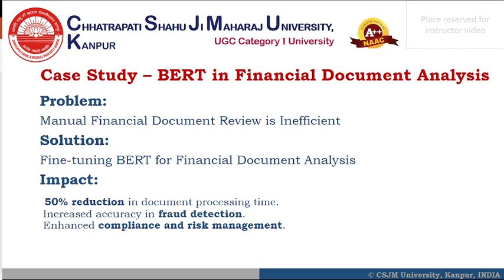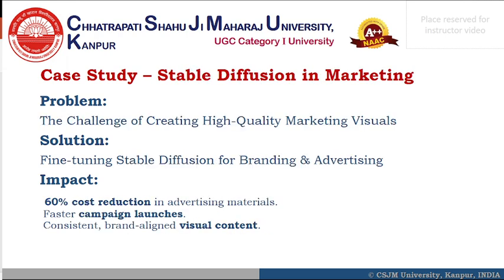Now, let's move on to another powerful AI use case. That is how companies fine-tune Stable Diffusion to generate high-quality marketing visuals. Let's explore how companies are using fine-tuned Stable Diffusion to revolutionize their marketing and branding strategies.